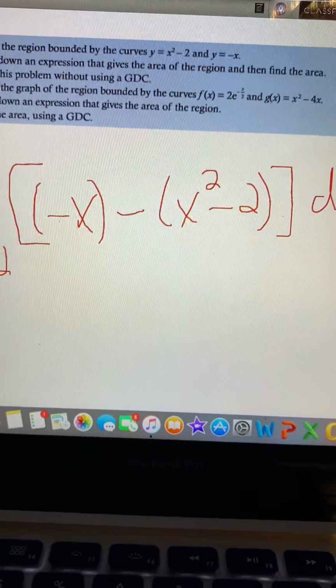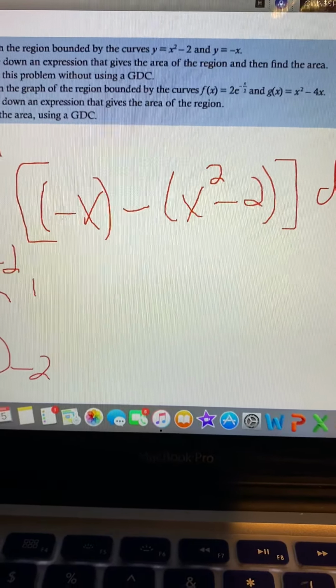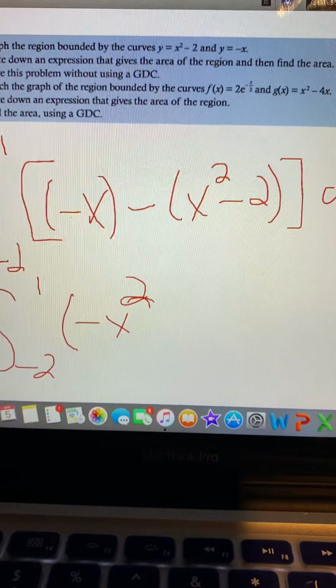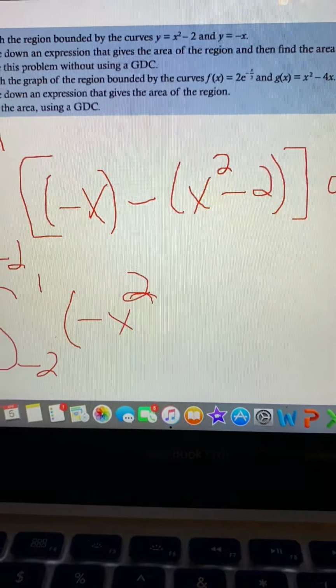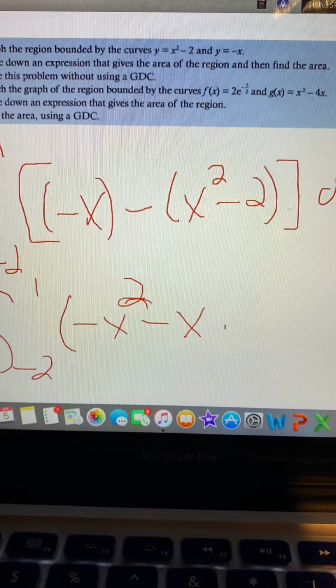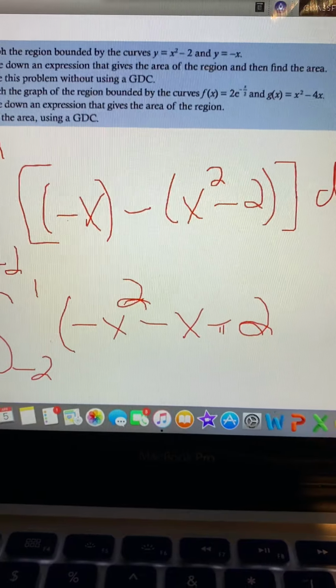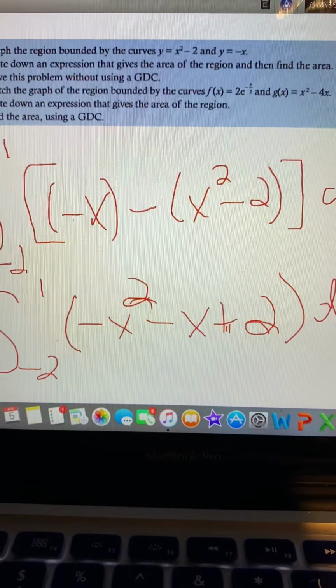Now, if I simplify it, make it into one expression, simplify the middle, I'm going to get from negative 2 to 1 of negative x squared minus x, and minus a negative 2 would be a plus 2 dx.